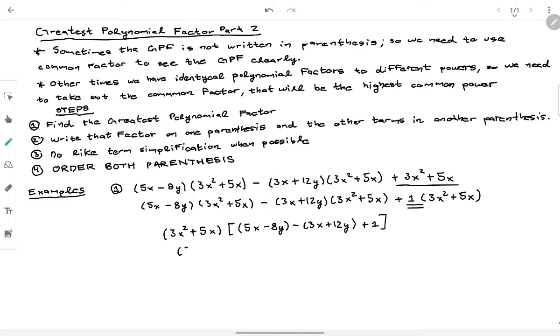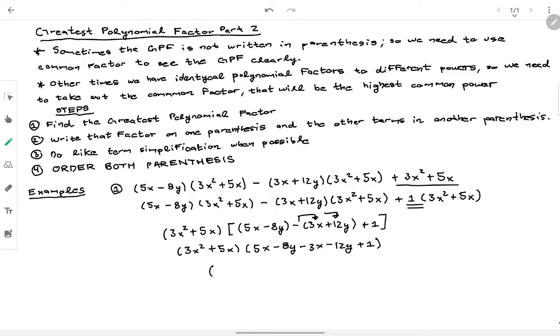So it's going to be 3x squared plus 5x. And on the second parenthesis, 5x minus 8y. Remember, this minus sign will change the sign of both of them. So it's going to be minus 3x minus 12y plus 1.